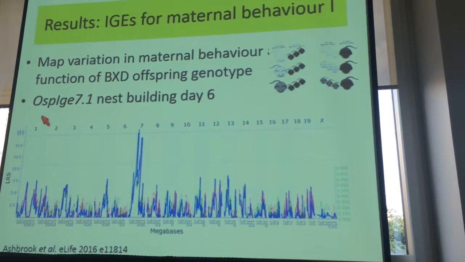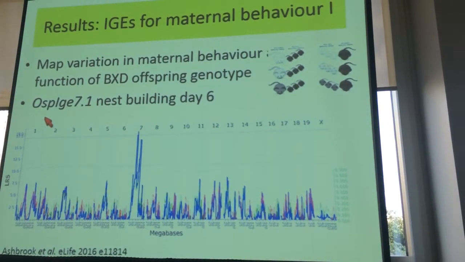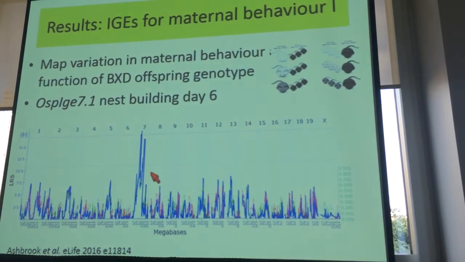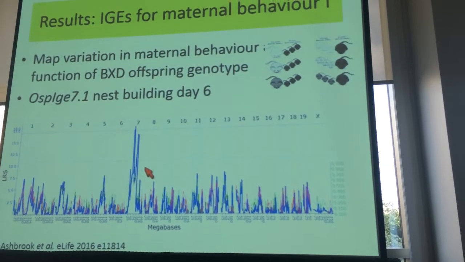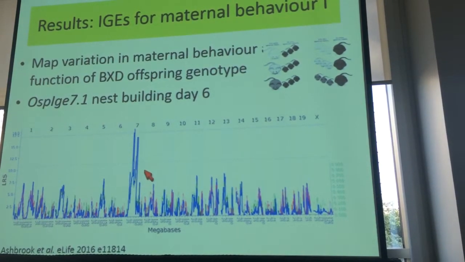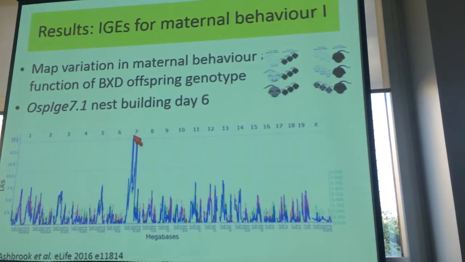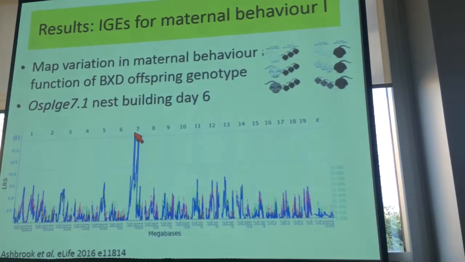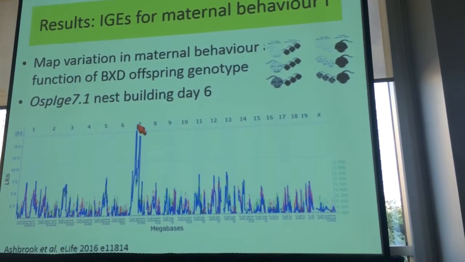And what we find here is a locus on the chromosome 7, where we basically have within this region here on chromosome 7 one or several candidate genes where allelic variation contribute to variation in maternal behavior, not necessarily offspring behavior. So we don't know exactly what the direct effect is of this locus, but it is very clear that maternal behavior is affected by genetic variation in their offspring genotype.